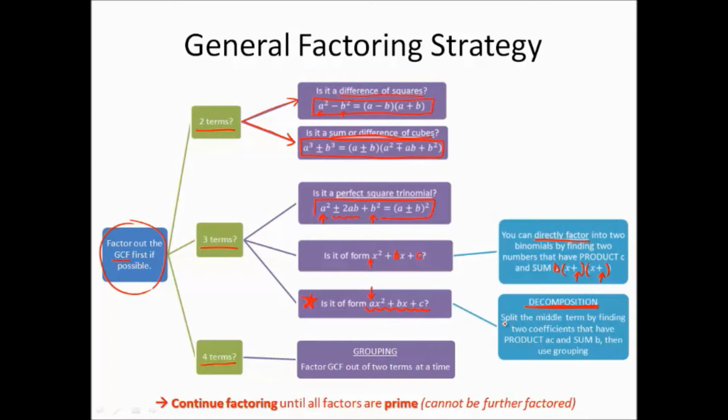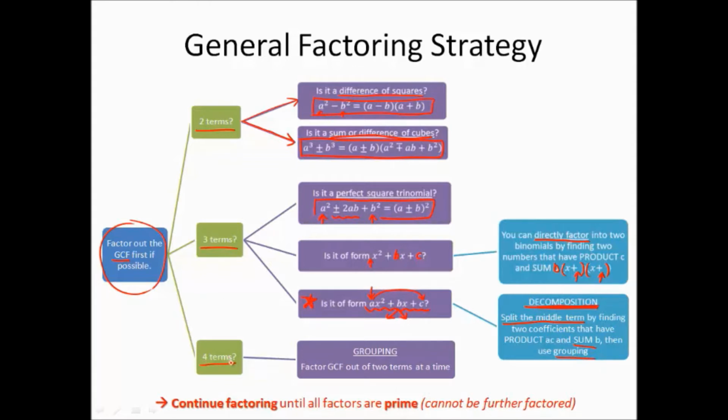So in the decomposition form, recall that you can split the middle term, and you can do that by finding 2 numbers that add up to the middle term, they sum to B, and they have a product of the first times the last term. After which you can use the grouping technique.